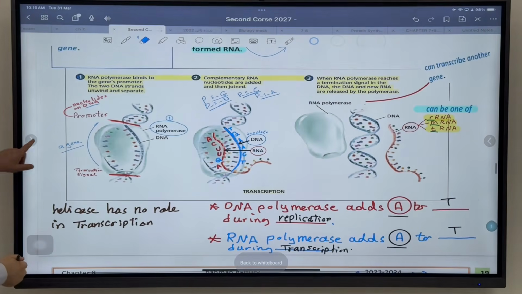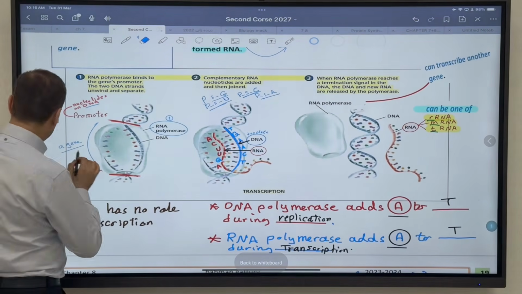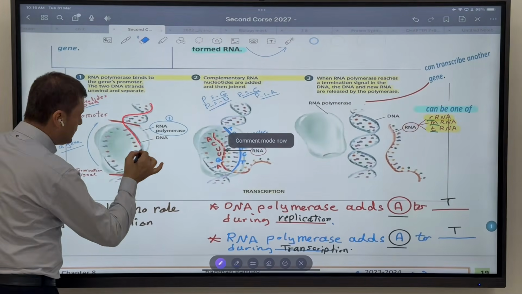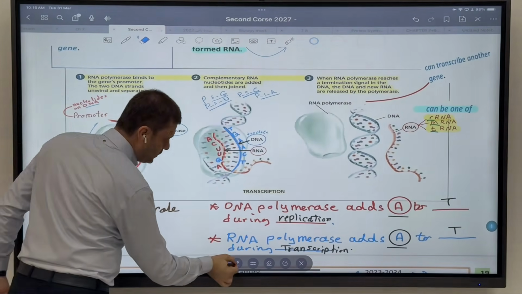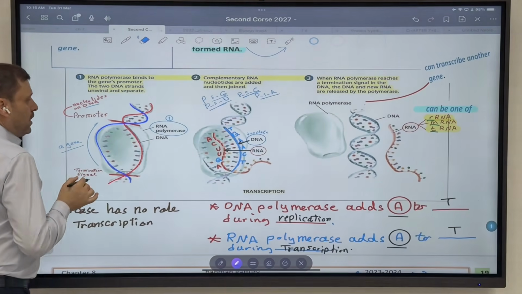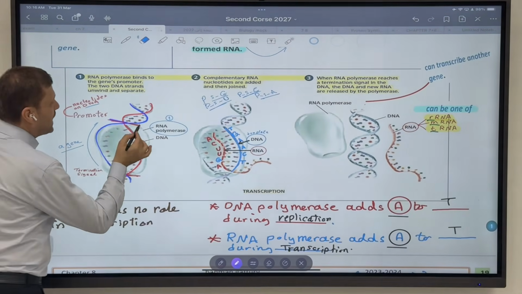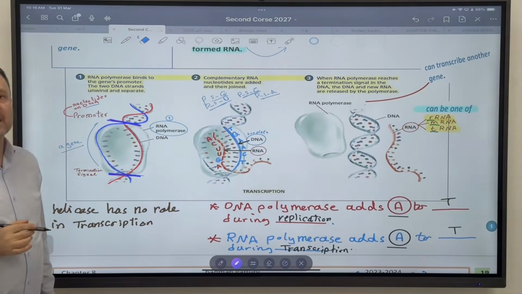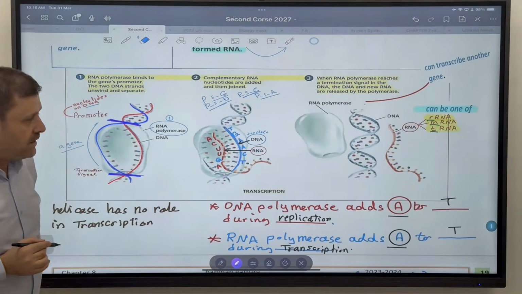In the first step, the DNA is a double-stranded nucleic acid. Also, we have a gene which has a promoter and also a termination signal. First, we have an enzyme called RNA polymerase.